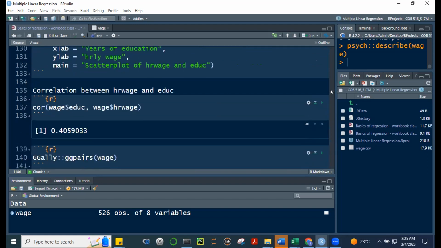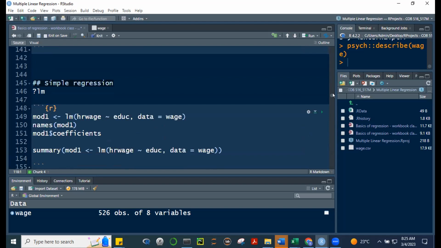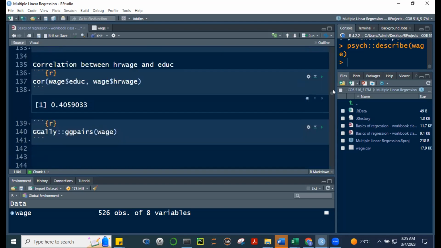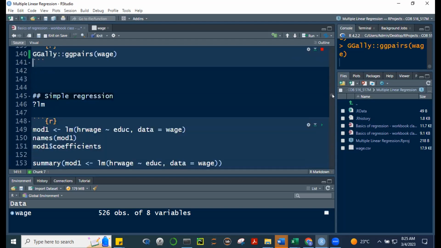Okay, so let's go to our, last time. Okay, GGally is another package, and let's just run this. This is a very good way to show the relationship between your variables.